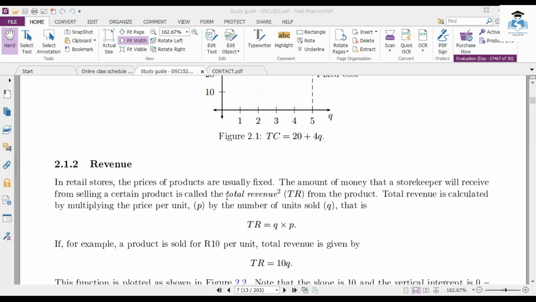So this total revenue is when you are selling your product, the money that you are going to get, in other words, the income that you are going to get, that's the total revenue.